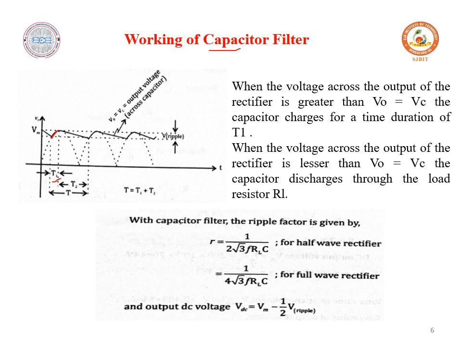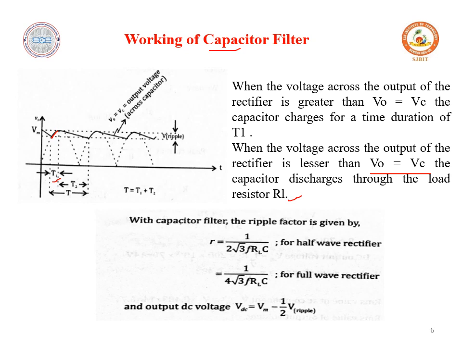When the voltage across the output of the rectifier is less than V0, which is equal to Vc, the capacitor discharges through the load resistor RL.